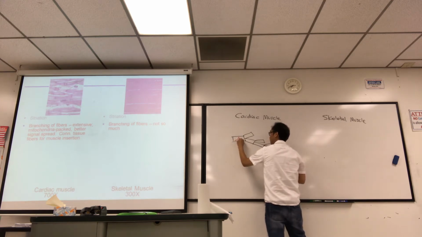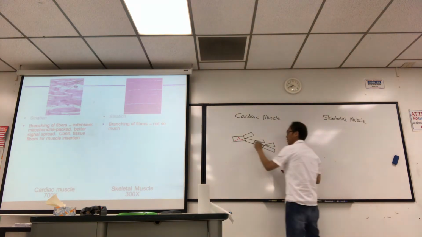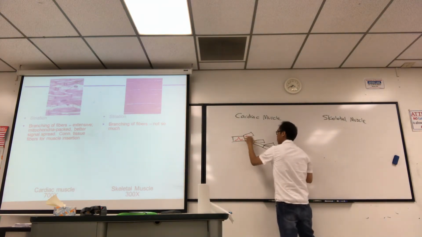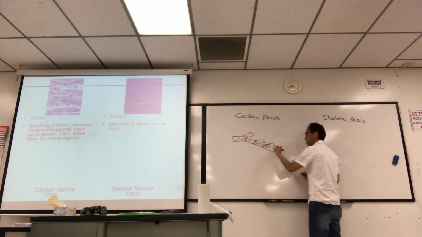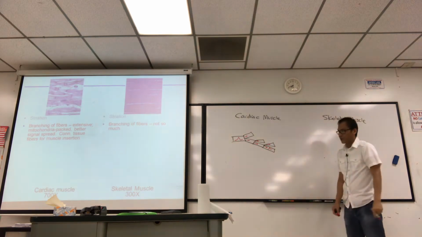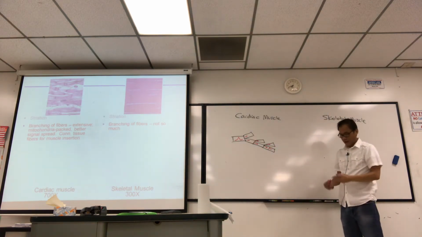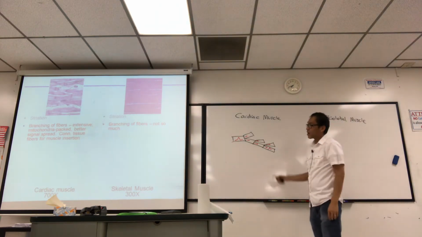And you want that signal to spread, and you have all these gap junctions. It can do so easily. It can spread because they're all branched together. And so it can spread to this last cell because of the branching and because of the gap junctions. And so the branching is important.